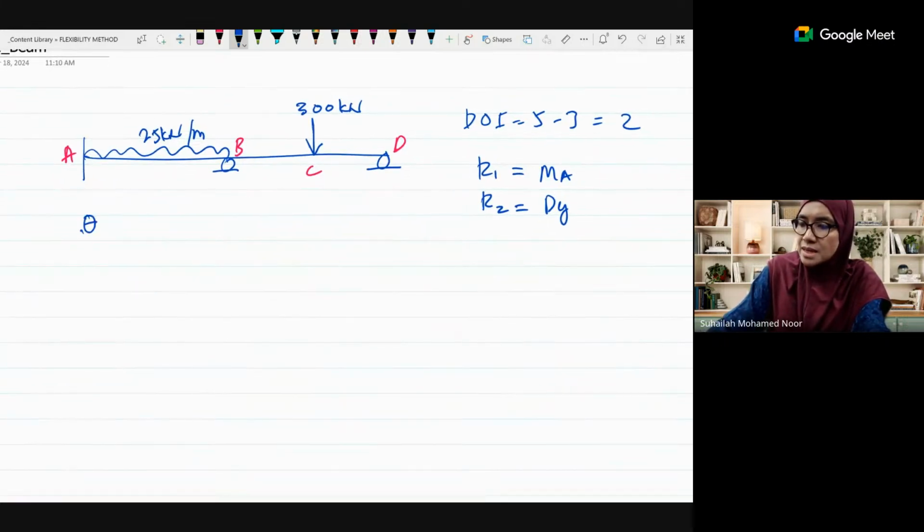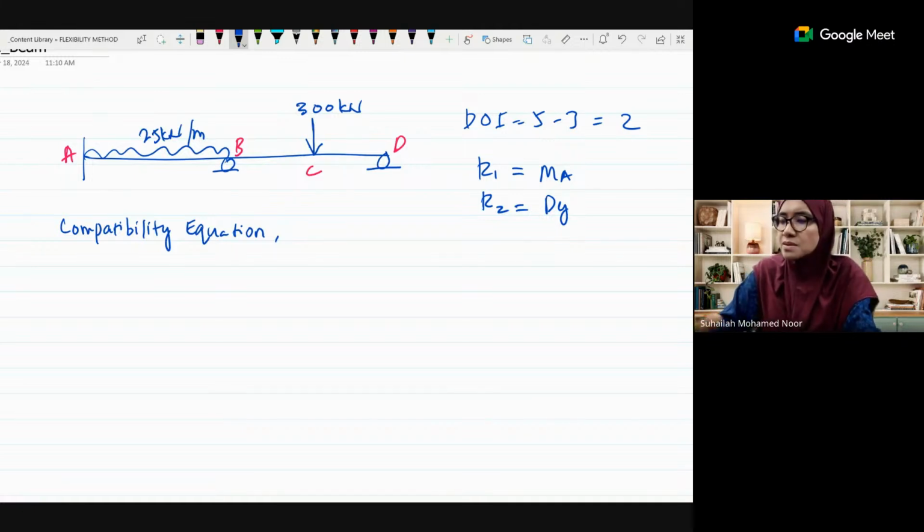We write the standard form of the compatibility equation so that we do not lose track.